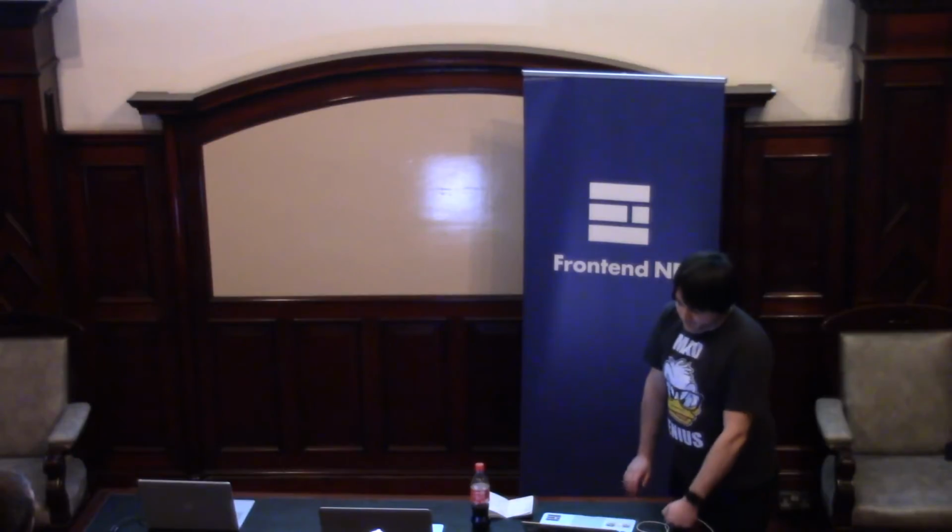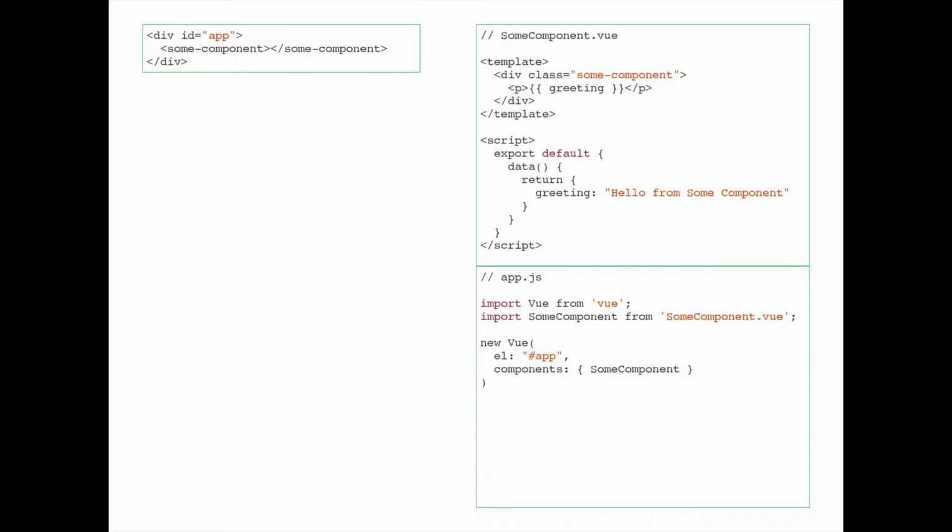A similar sort of thing is when you're making components. When you build a component, you can build it with the template inside of a Vue file. And you build it as a fully contained component.